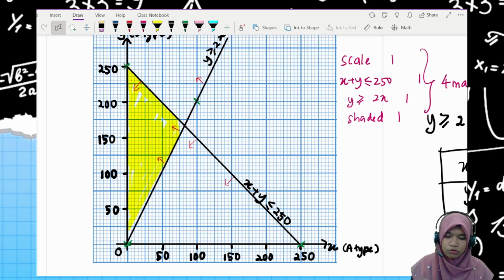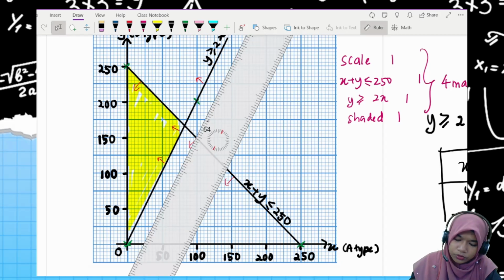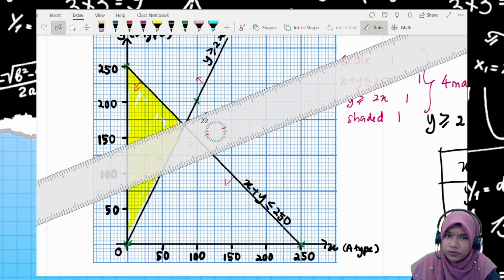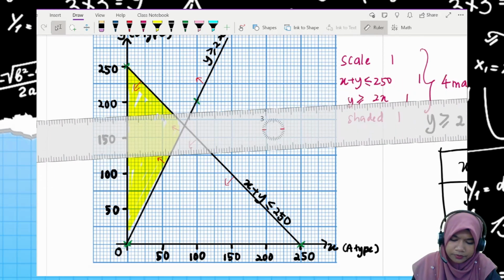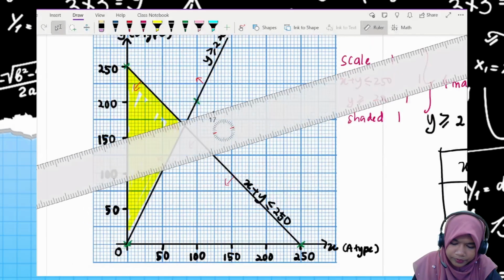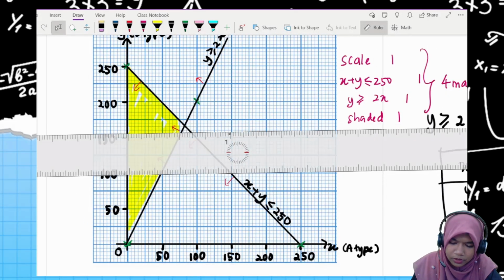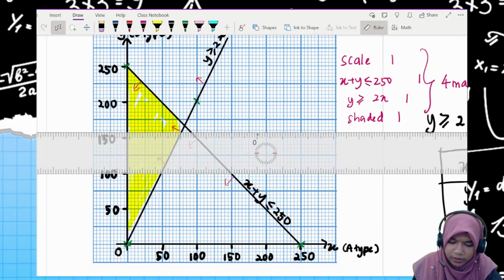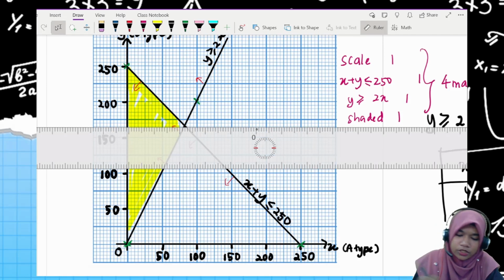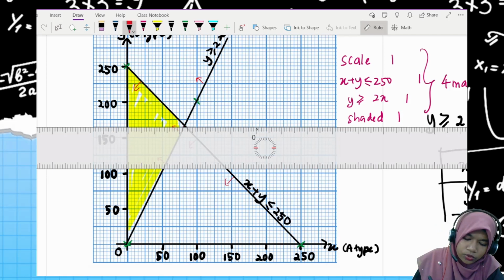So here, how to get the value? Sorry, this one is the maximum. The point that satisfies both conditions is this one, because it has both values of x and y.